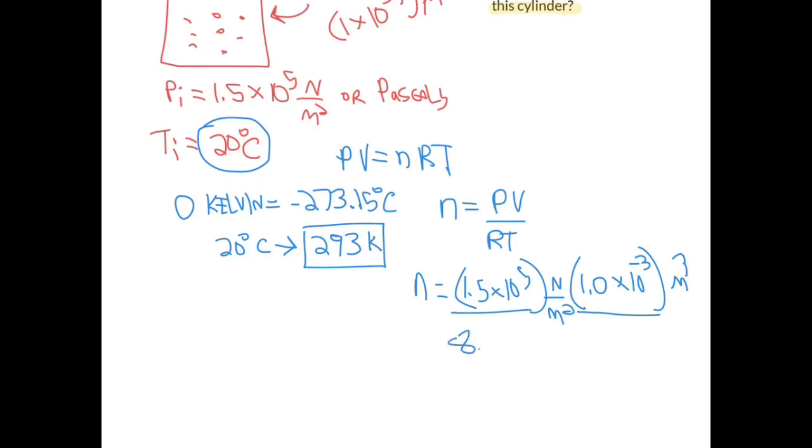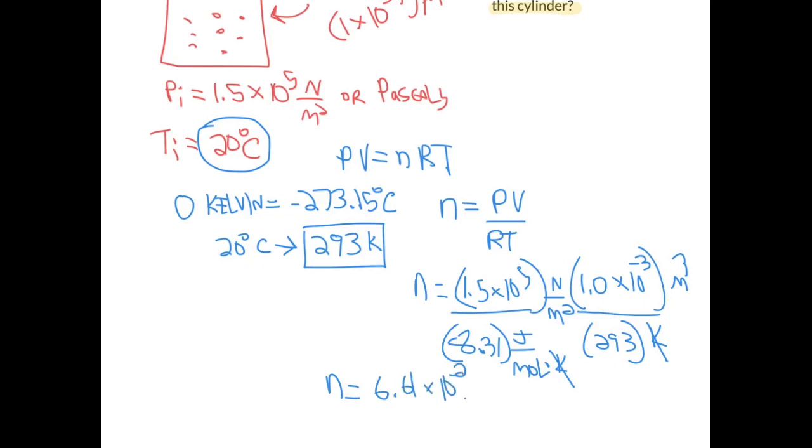So you see we'll have a newton times a meter, or a joule, in the numerator. And then we just divide by R and the temperature in Kelvin. The result of all of that is we're going to find n, the number of moles, or n equals 6.61 times 10 to the negative 2 moles.